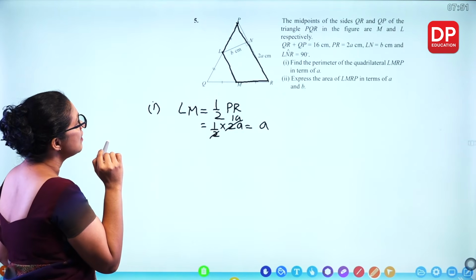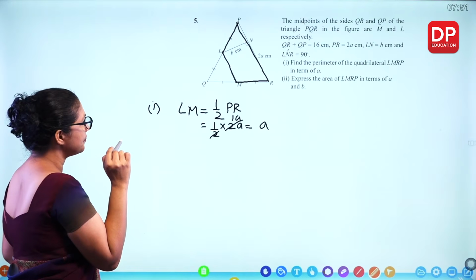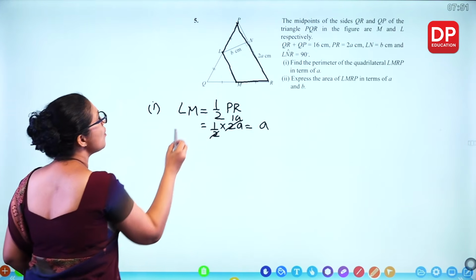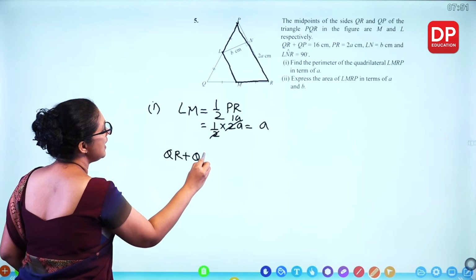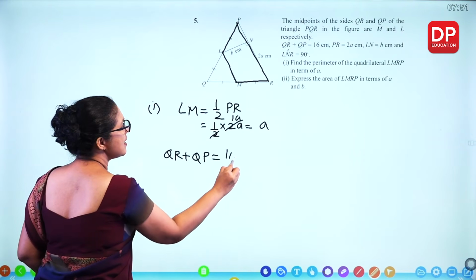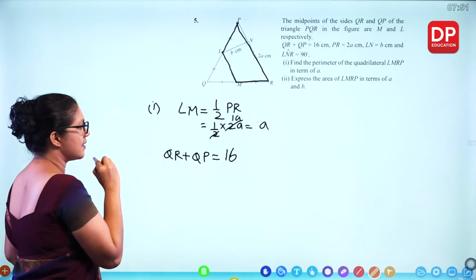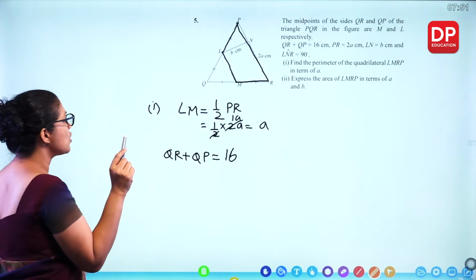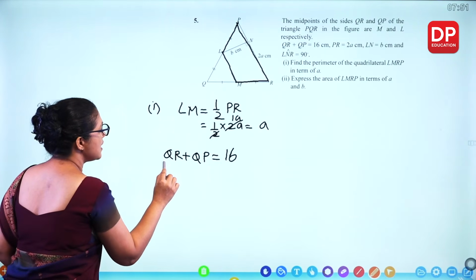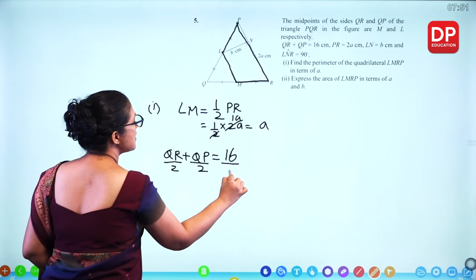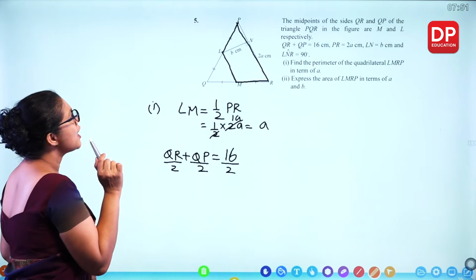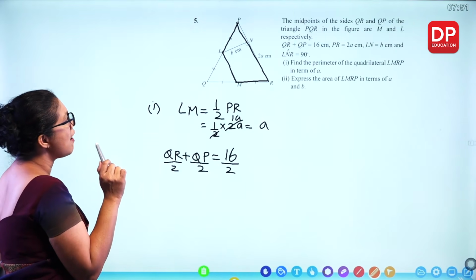Then we know that QR plus QP is 16. That's given. When you divide the whole equation by 2, you get QR divided by 2, QP divided by 2, 16 divided by 2. What is QR divided by 2?